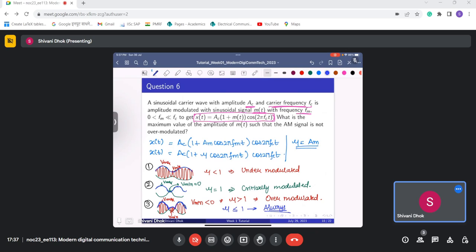If I plug this condition, μ less than or equal to 1, into this equation, then it means that AM should also be less than or equal to 1. That is, the maximum amplitude AM max will be equal to 1, and if the amplitude is greater than 1, then I'll get an overmodulated system and the envelope that I detect will be completely distorted.